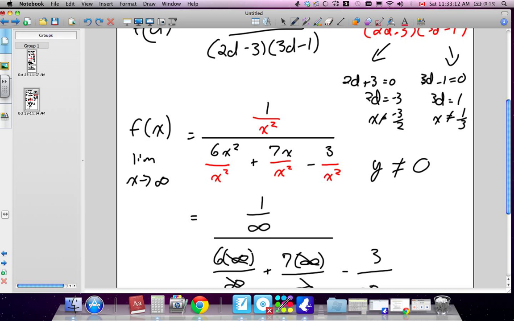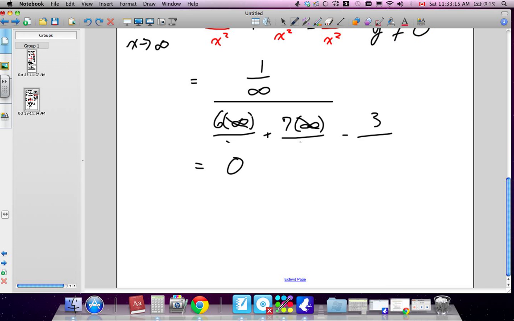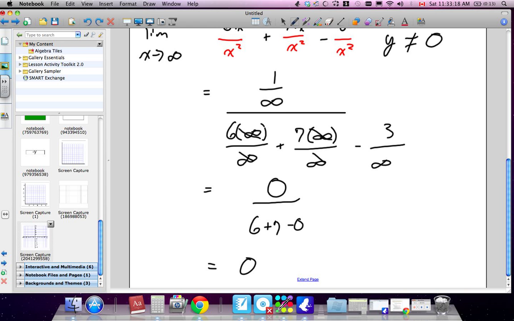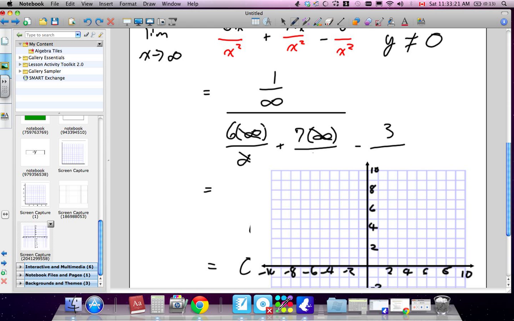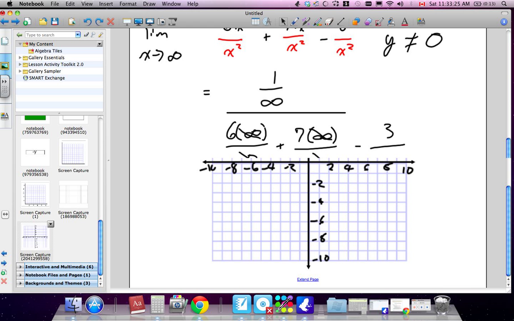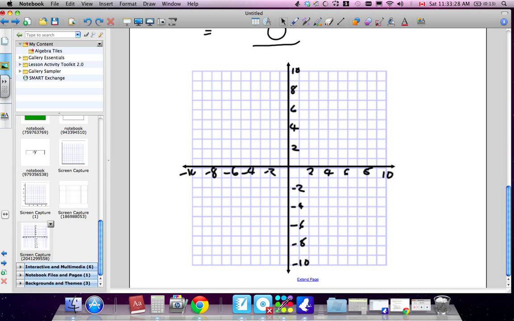So let's quickly plot what we got. We had vertical asymptotes. What were our two vertical asymptotes? 1 over 3, so a third. So that's probably about here.